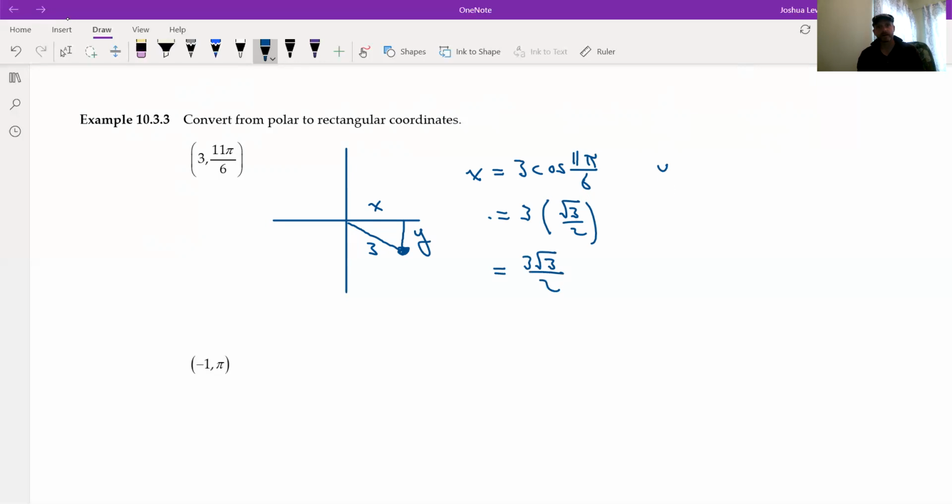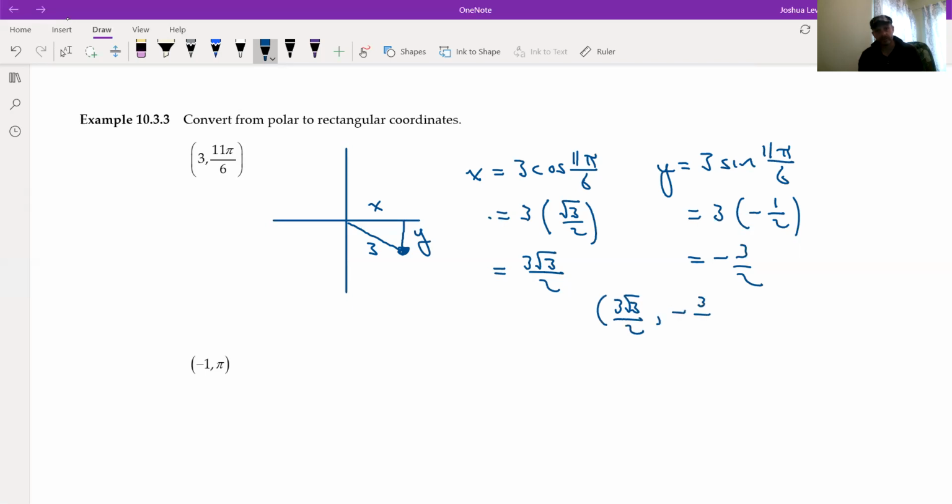And then y is just our r sine theta. So 3 sine 11 pi sixths. And again, we're in quadrant 4 there. So sine 11 pi sixths is going to be -1/2. So we have -3/2. So in Cartesian coordinates or rectangular coordinates, that point is 3 √3 over 2, -3/2. Okay?